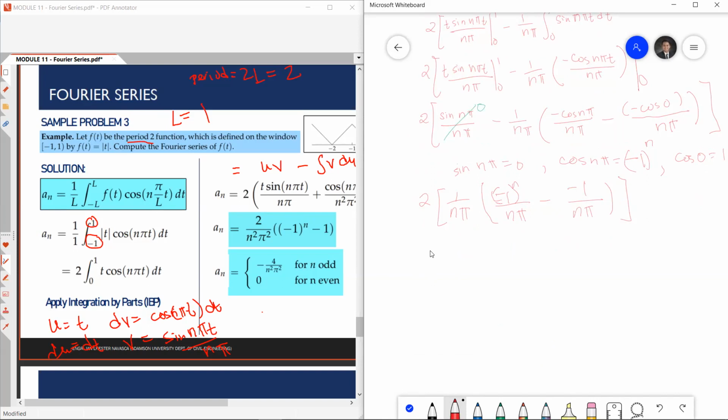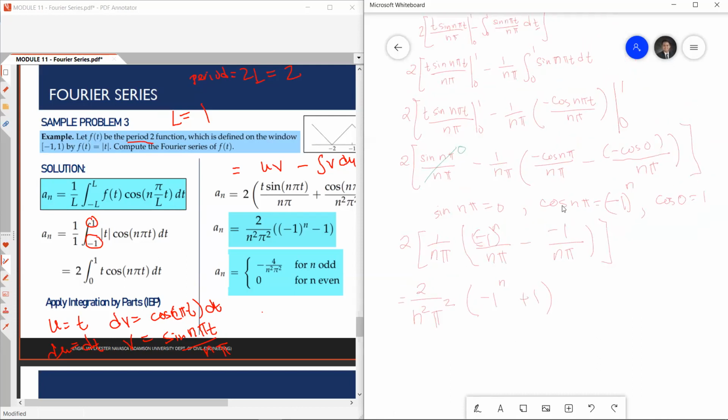So, mangyayari, this one is factor out natin yung n pi. So, you have 2n squared pi squared. Okay? Then, negative 1 raised to n. Okay? This one is negative positive 1 plus 1. Okay, nakalimutan ko ata yung negative 1.